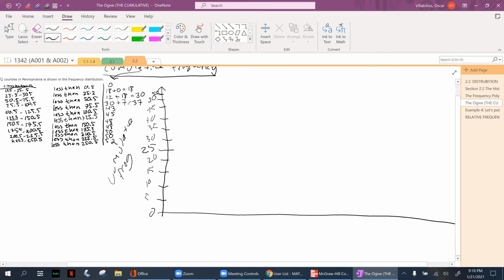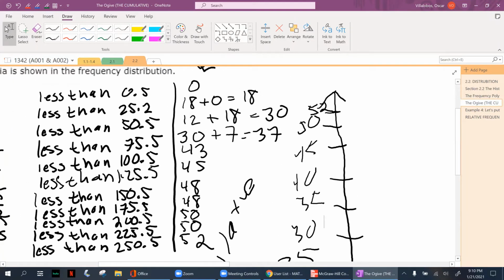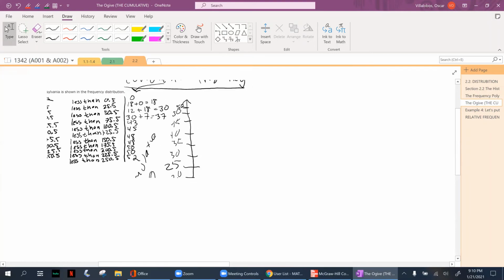Now the x-axis is going to be my cumulative boundary points, in other words, these points right here. So 0.5, 25.5, where did that come from? 25.5, 50.5, and so forth.